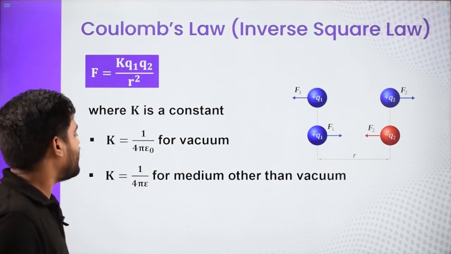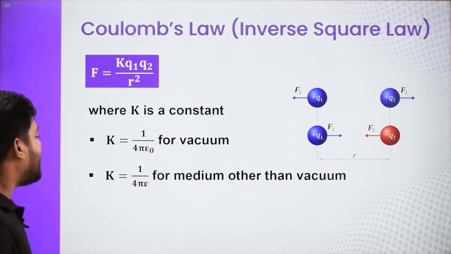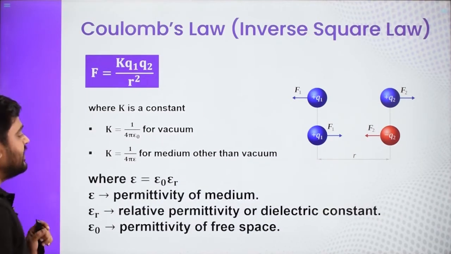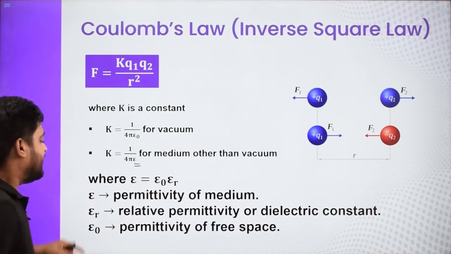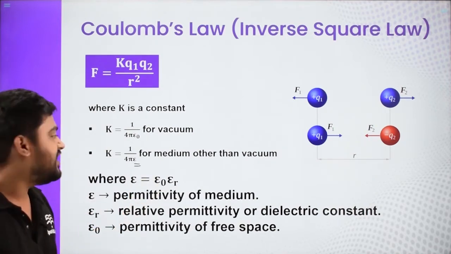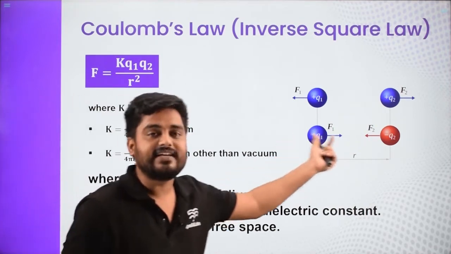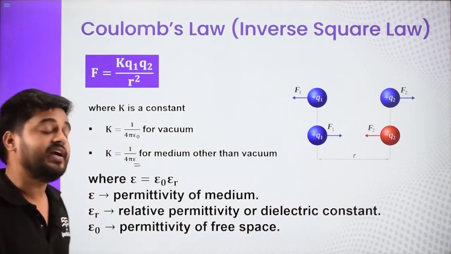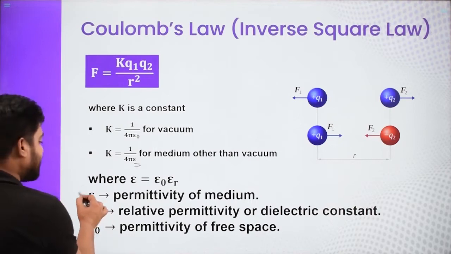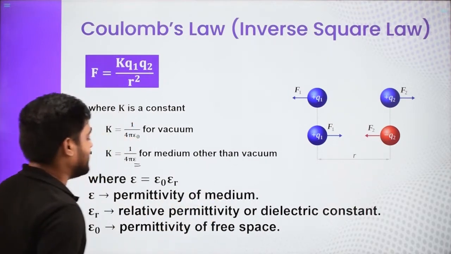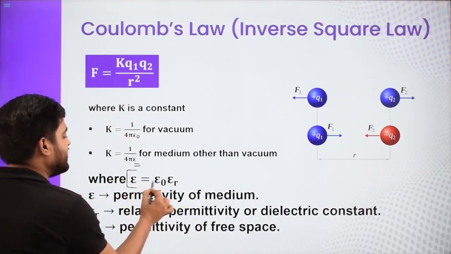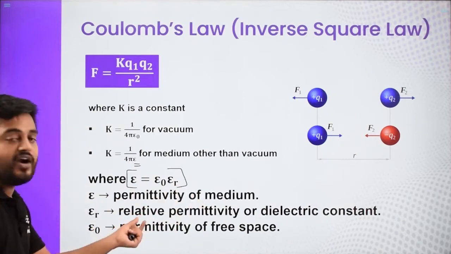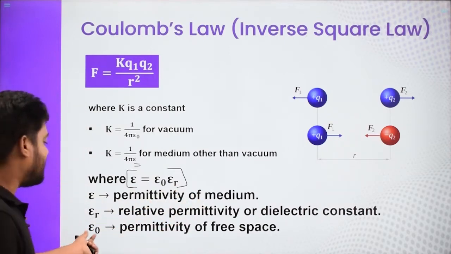What is epsilon naught and what is epsilon? This epsilon is the permittivity of the medium where these charges are kept. So the medium in which these charges are kept is also going to affect the force, and this epsilon is called the permittivity of the medium. And the permittivity of any medium is given by epsilon naught times epsilon r. What is epsilon naught?